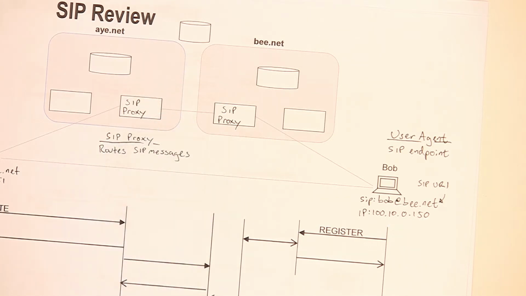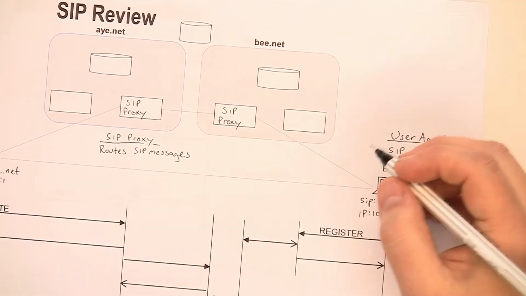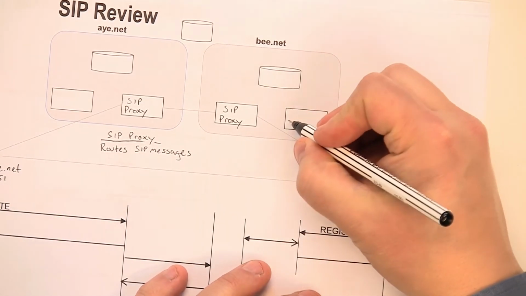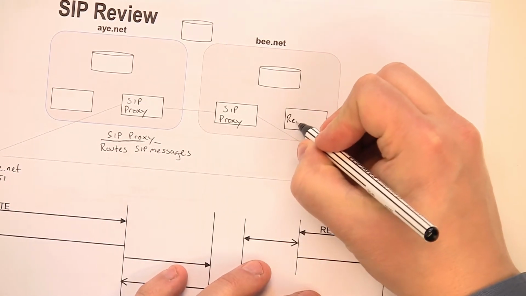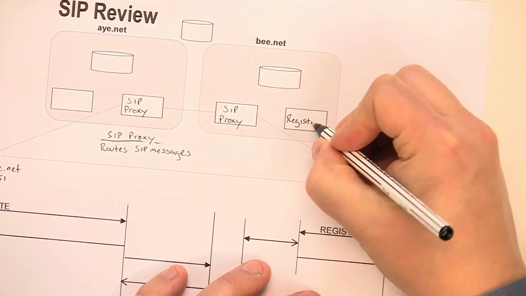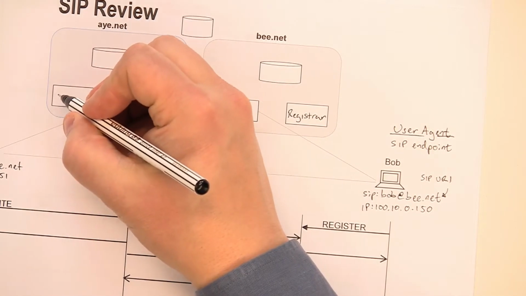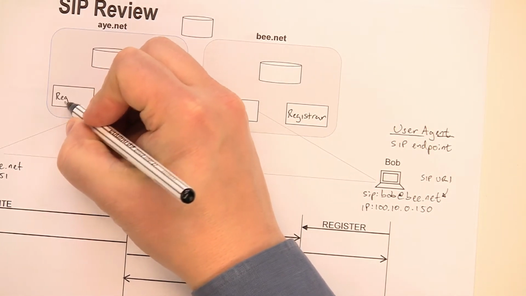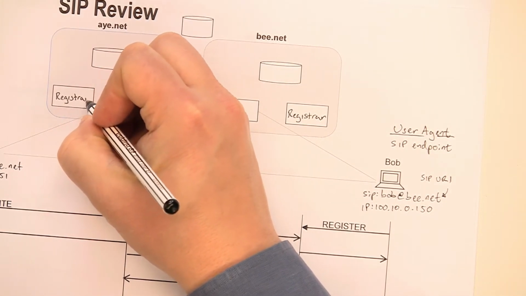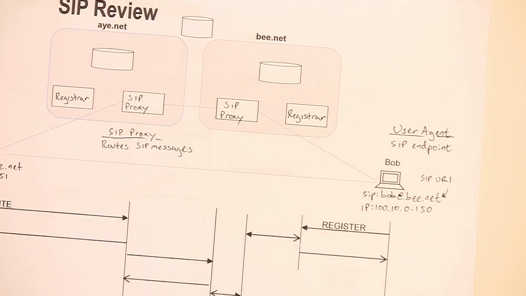So let's put SIP registrar, or it's all SIP, so I'll just put registrar in there. That's the thing that takes in registrations for the B.net domain, and we will also put a registrar in here like this for Alice's domain.